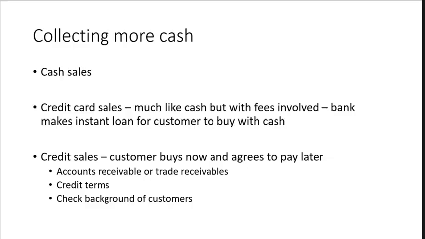So on the side of those that are accepting that credit card payment, how does that look? Well, for a business who accepts your credit card, at least a Visa, MasterCard, and American Express, those major cards, that is like them accepting cash.